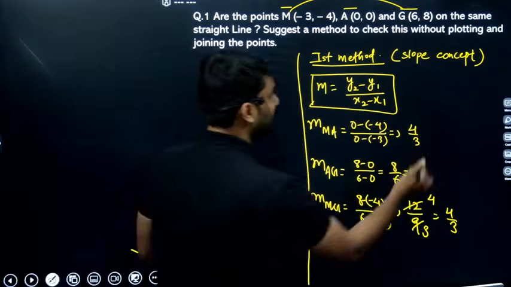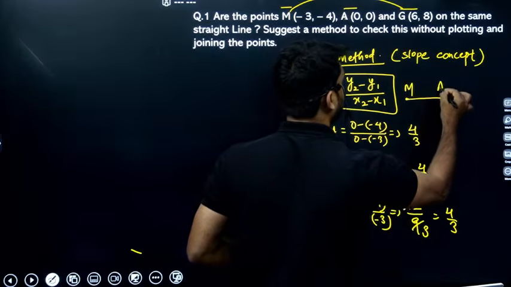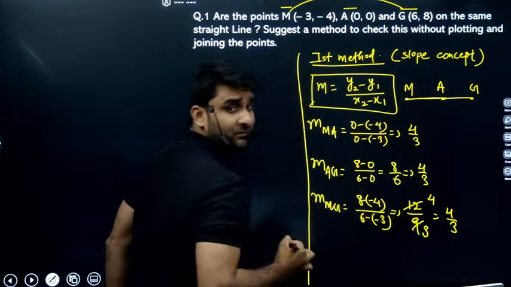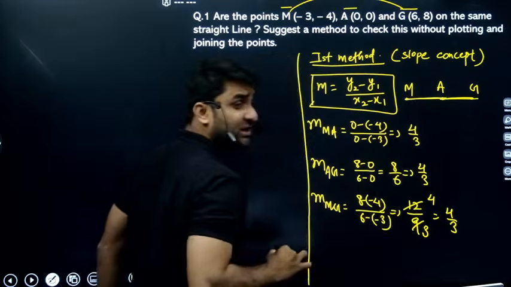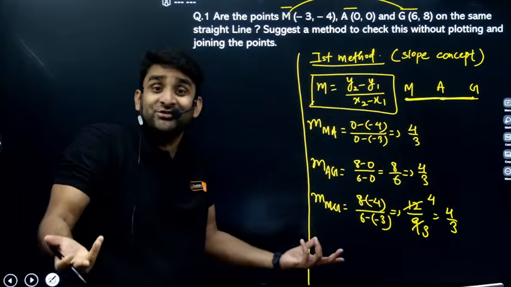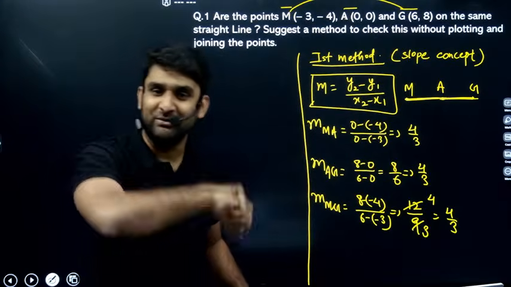Now imagine you have 3 points: M, the second point A, and the third point G. Slope of MA is equal to slope of AG is equal to slope of MG. All the slopes are equal to each other. It indicates that all the 3 points will be on the same straight line.